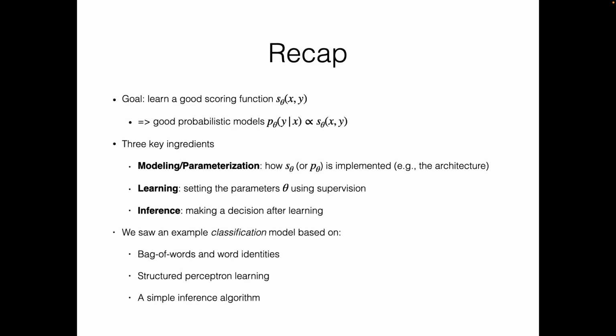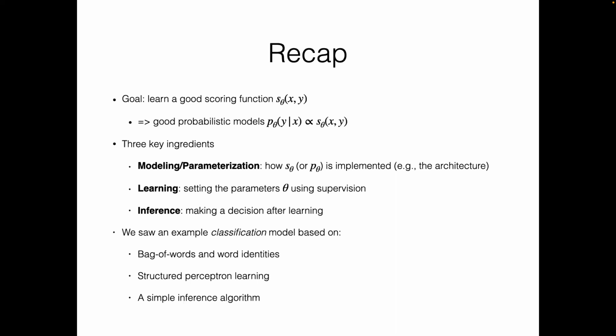In the last class, we saw a really simple example of a classification model, based on this model called bag of words. If you remember, it was kind of naive. It basically just looked up the identity of different words and then summed them together.